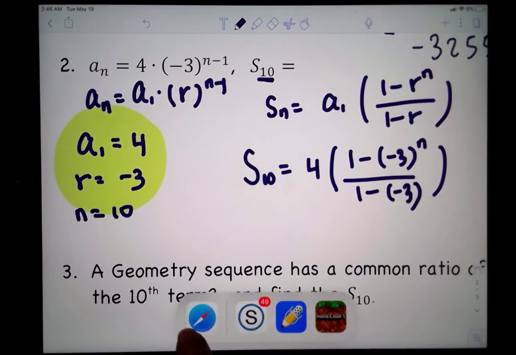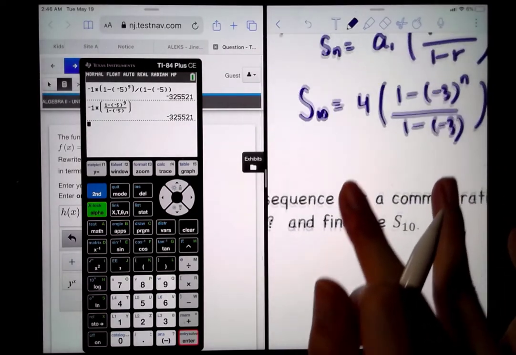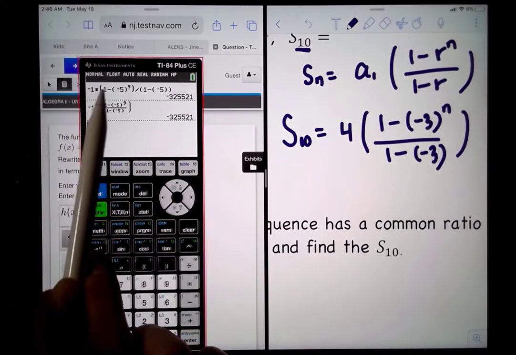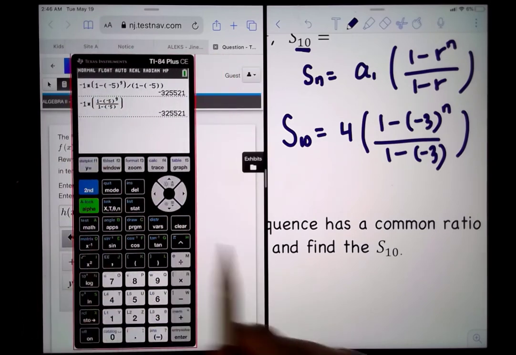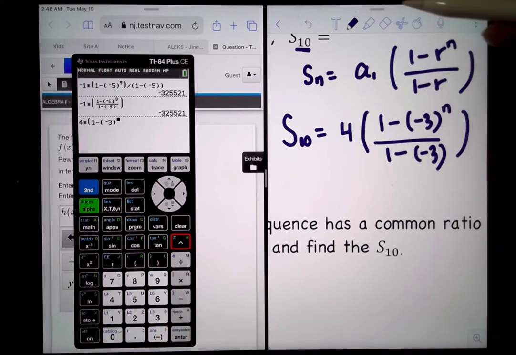So I'm going to use my calculator again. This time I'm going to do the first way, the top one. So 4 times parentheses 1 minus -3 to the, oh, we didn't put 10, guys.